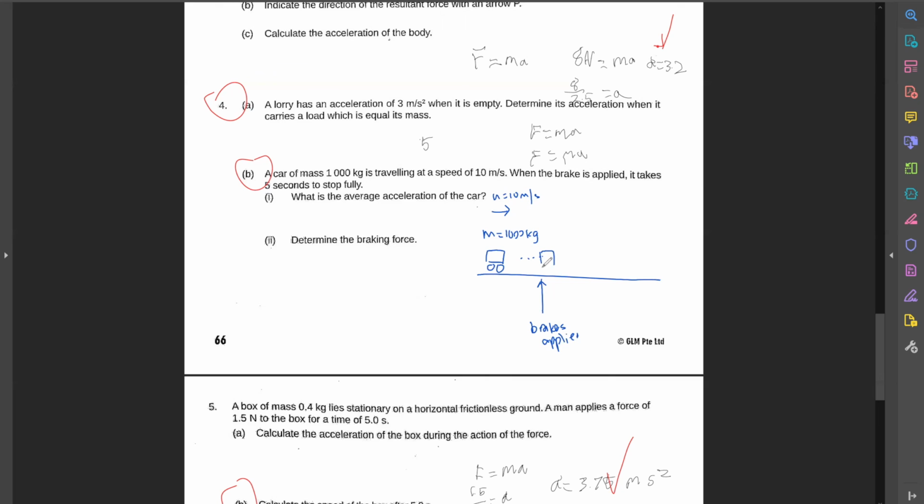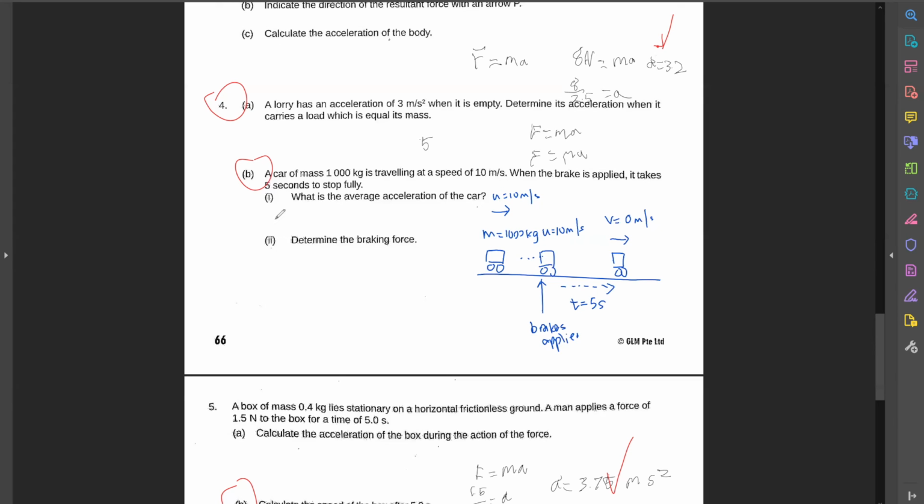When the car comes to here, it applies a brake. Okay, and it takes 5 seconds to stop it fully. So it will continue to move. 5 seconds later, it will be here, and the speed will be 0 meter per second. From here to here is 5 seconds. Then they say, what is the acceleration of the car?